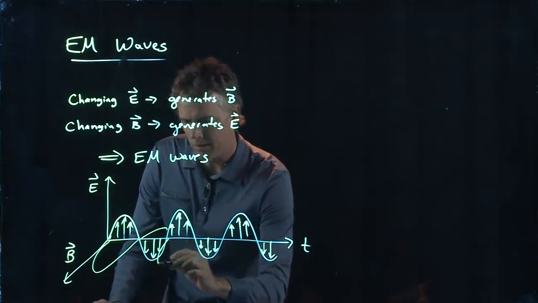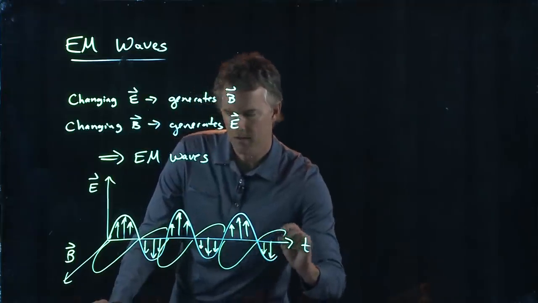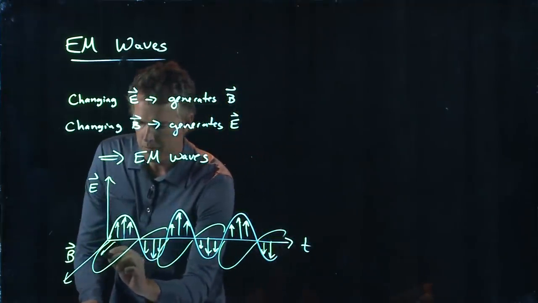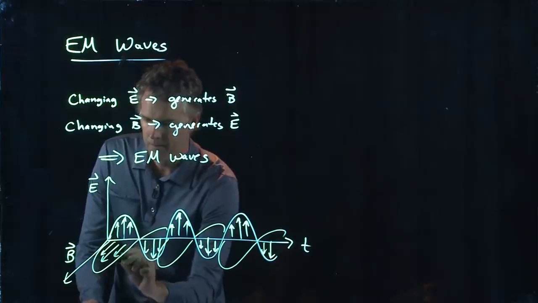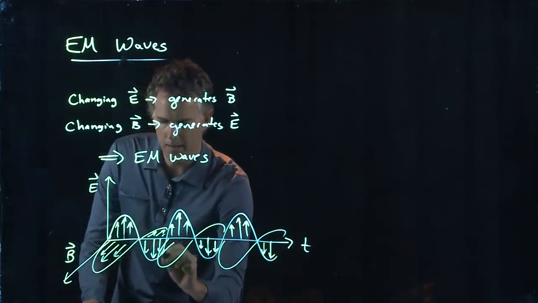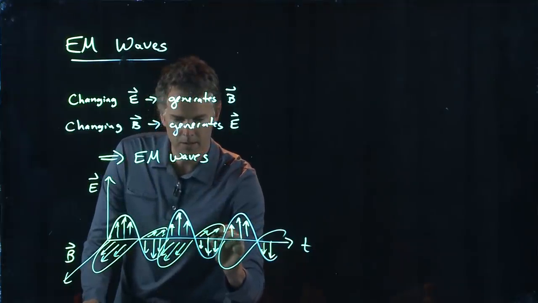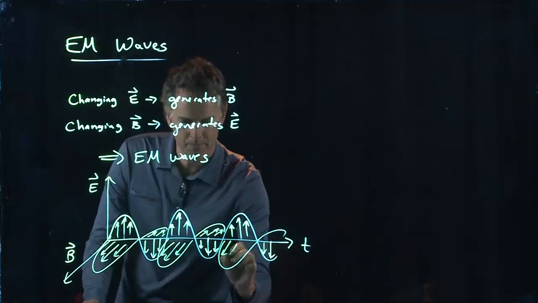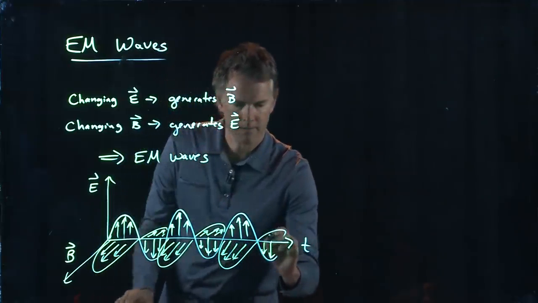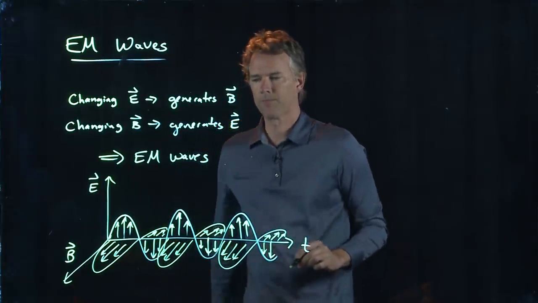And this is a little hard to draw, but the idea is B is pointing this way, and then it's pointing into the board, and then it's pointing out of the board, and then into the board, and so on. Okay.